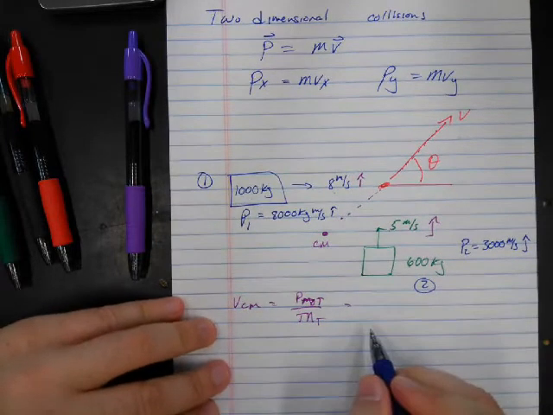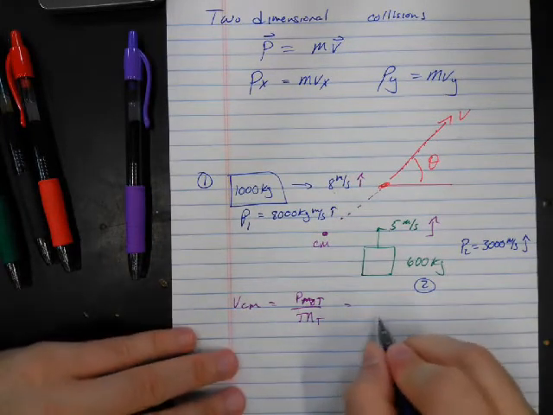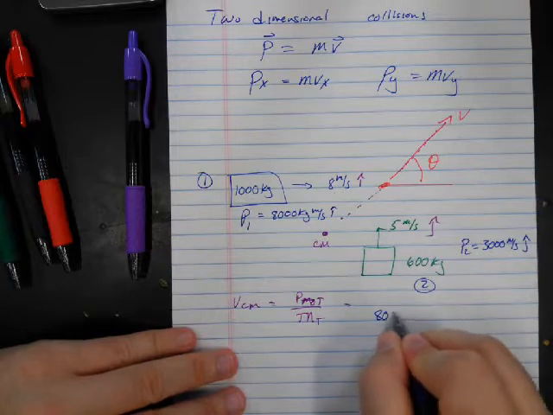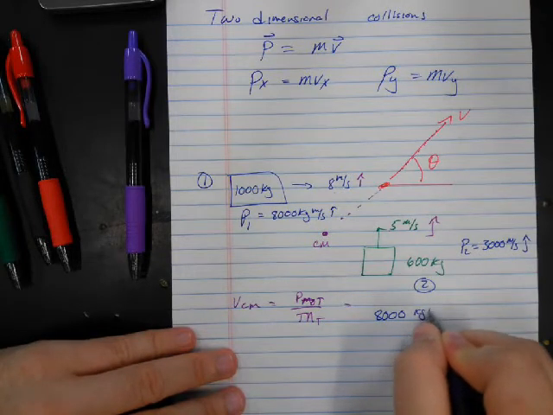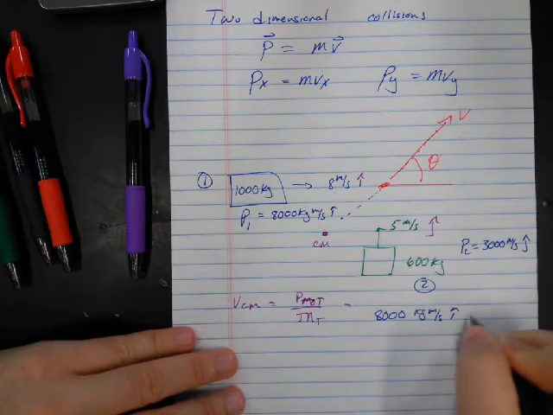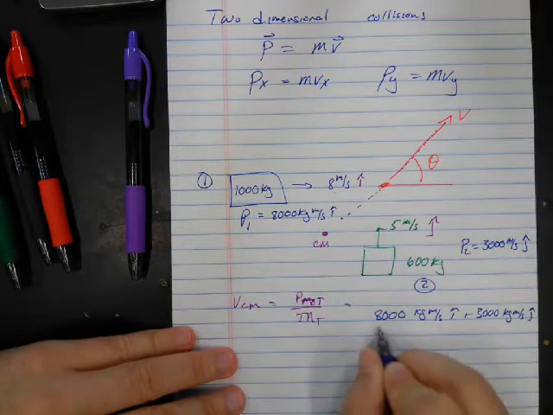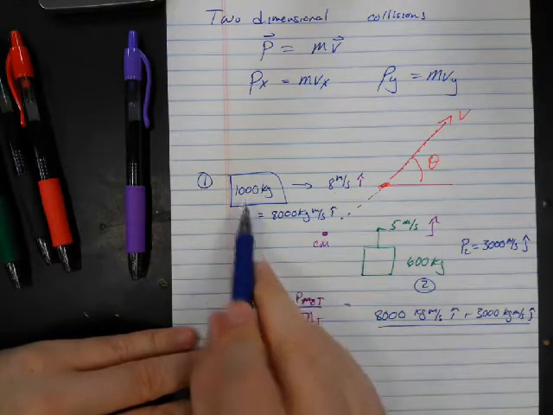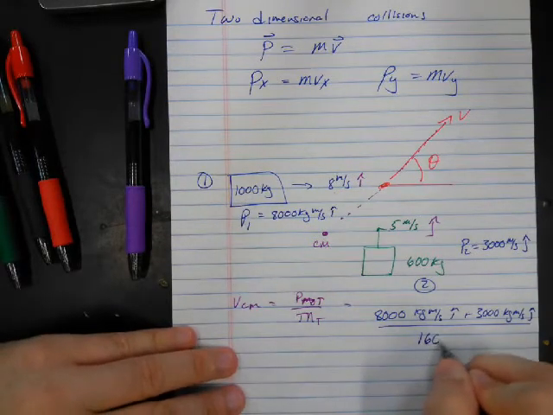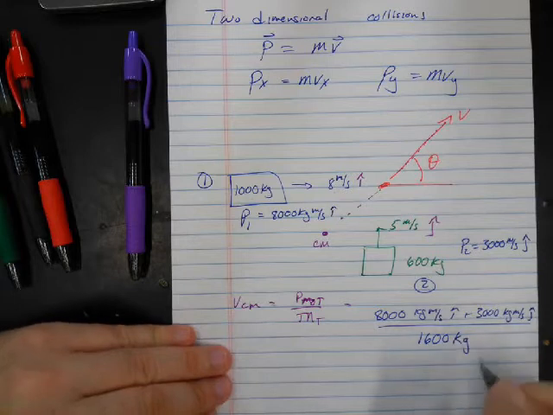And so the velocity for the center of mass is going to be 8,000 kilogram meter per second I hat plus 3,000 kilogram meter per second j hat. And we divide by the total mass, which is 1,000 plus 600, 1,600 kilograms.